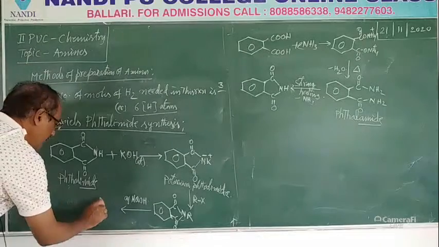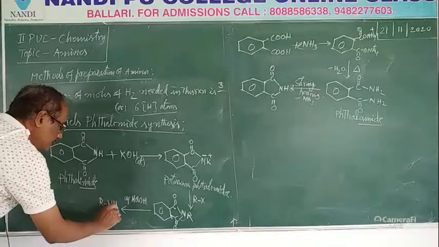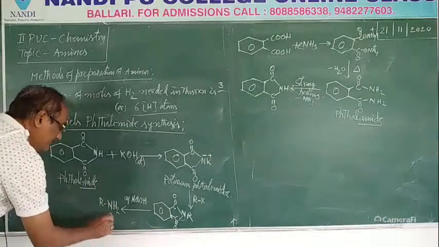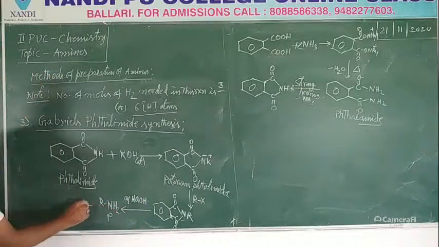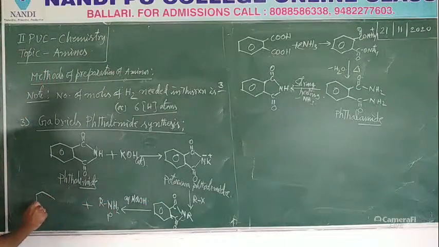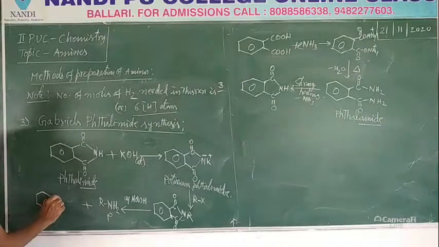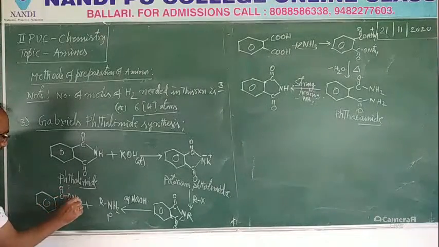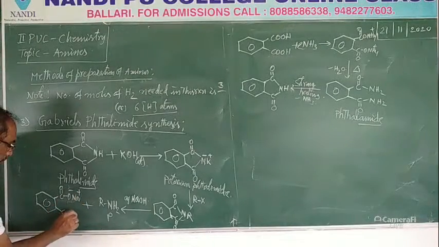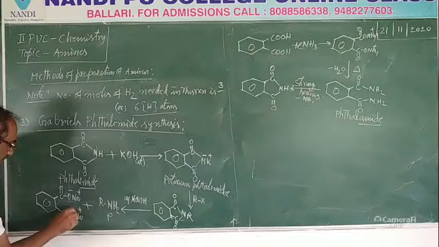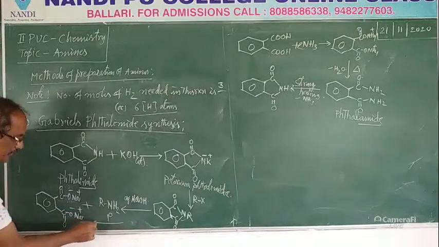Then you will get RNH2, a primary amine, and the salt COONa plus COONa. This is the product formed.